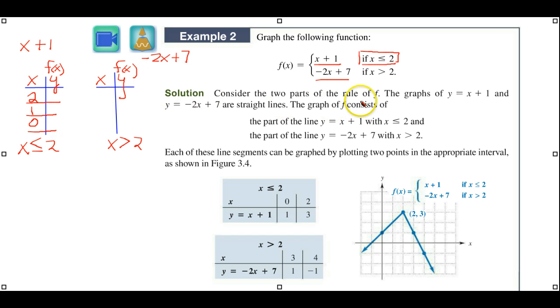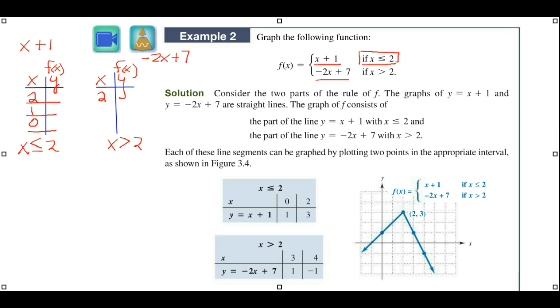Now let's look at the second part of the piece, which is this function and this qualifier, that x is greater than 2. Now here, 2 is not included in the set.